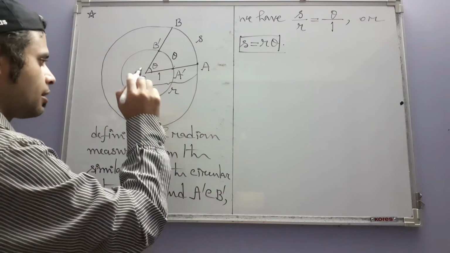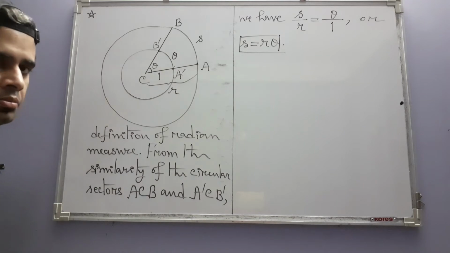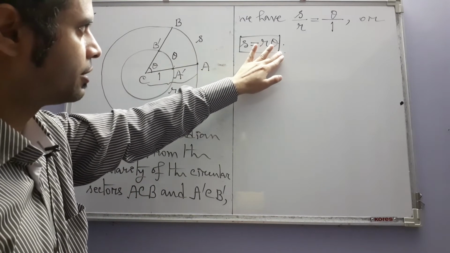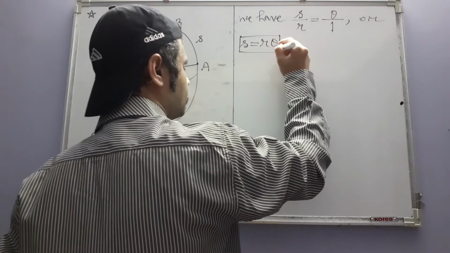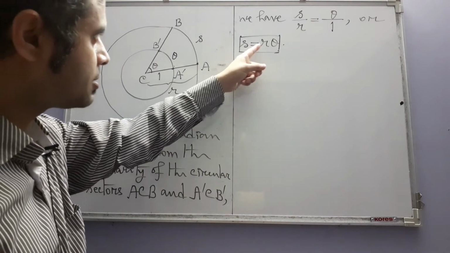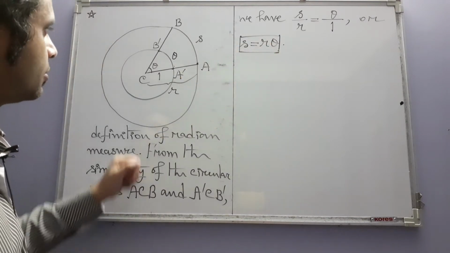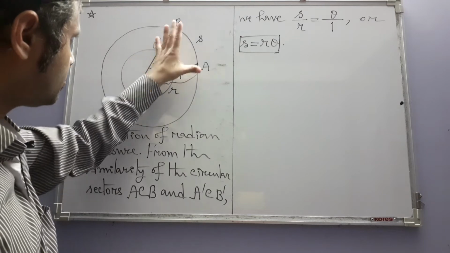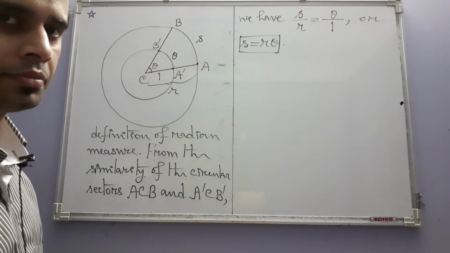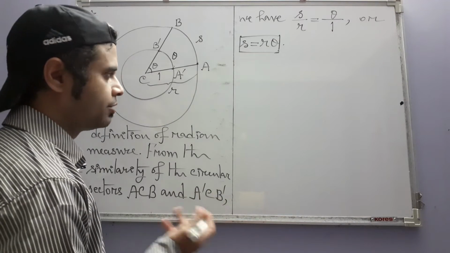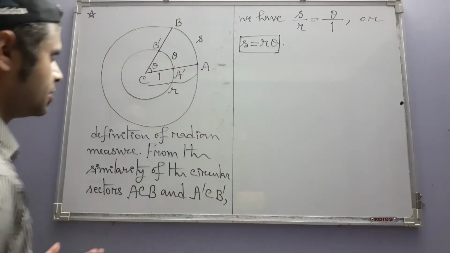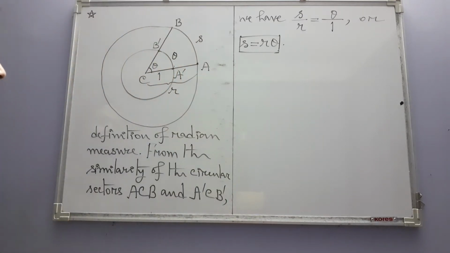But r can also be equal to 1. And in fact, when r is equal to 1, we get the special case that we have already seen in the definition of radian measure. When r is 1, s is equal to theta. So that is why s is the radian measure of this angle. In fact, that's how we have defined radian measure. So this is the general formula which is true for any circle.